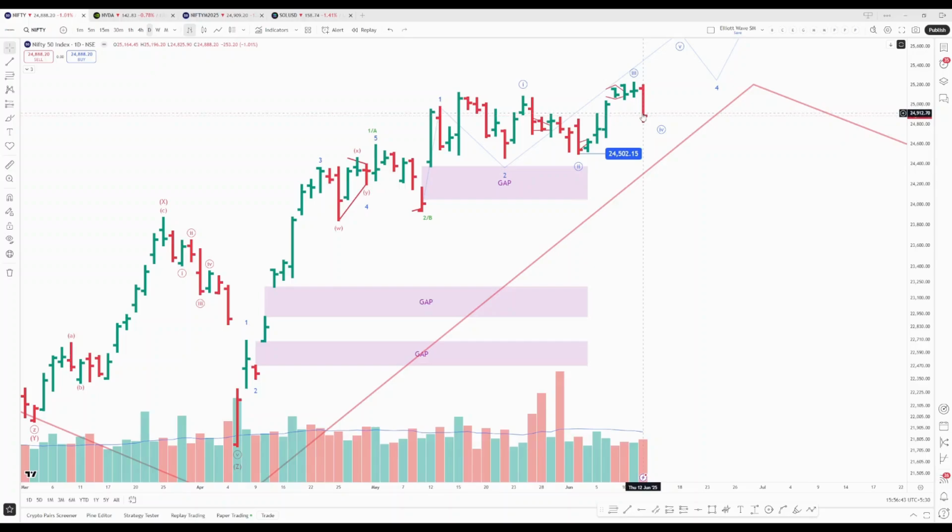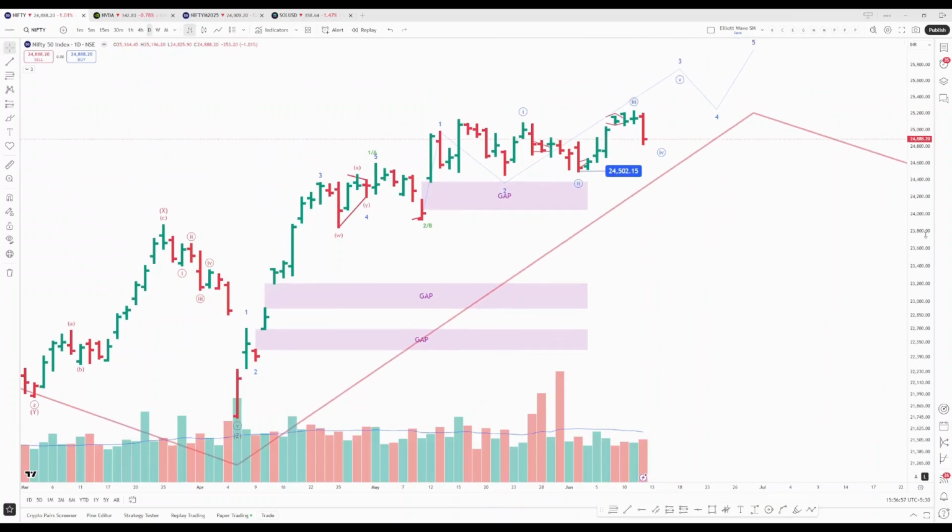But now if you look at today's move, what has happened is this fourth has overlapped with this one, right? So that makes it a bit interesting, because this is the third wave, right? This one. And within third wave, we cannot have any overlaps.